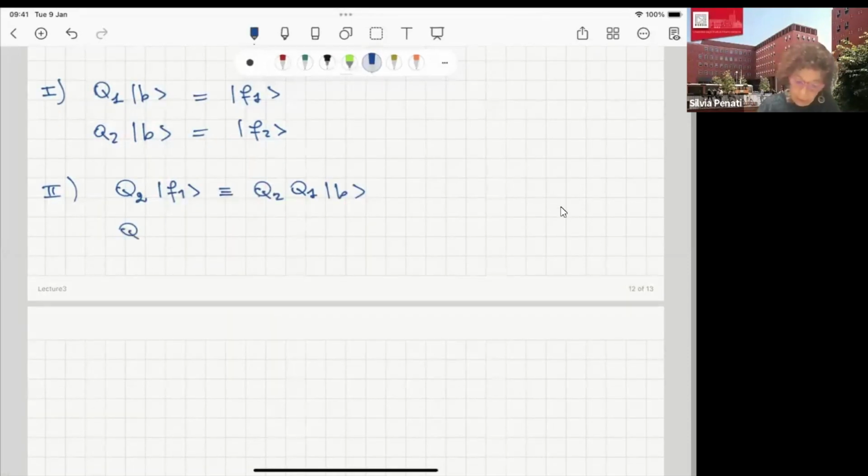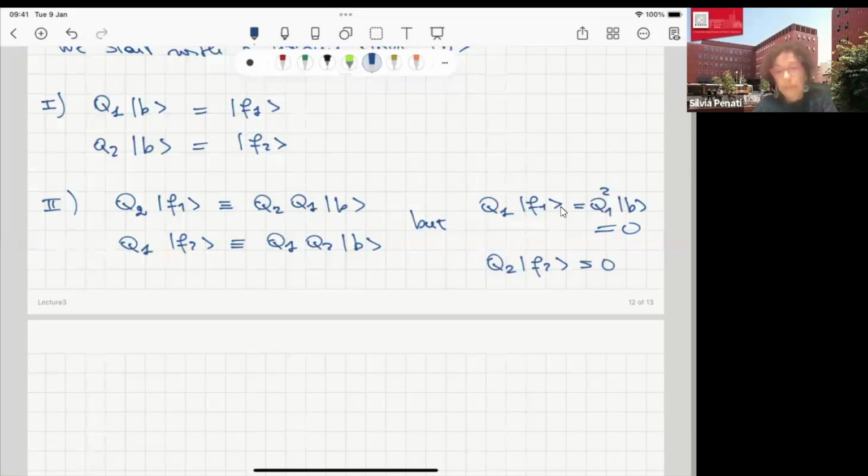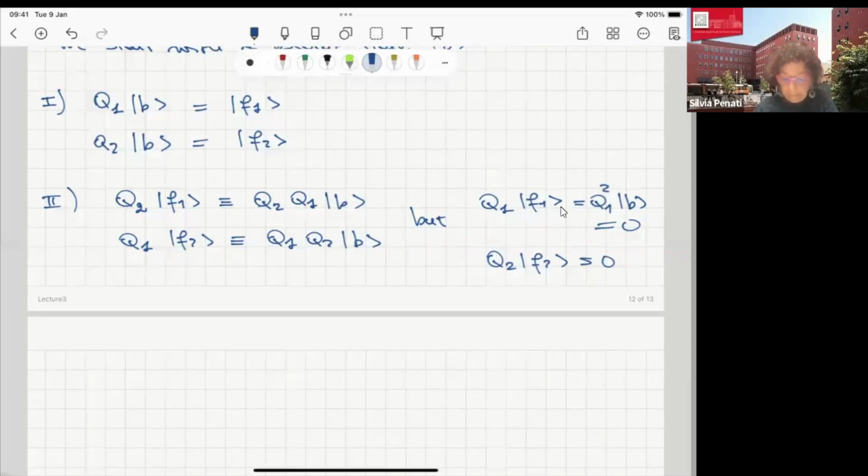I can apply Q1 this time to F2, because this is Q1 Q2 B. Great. But I cannot keep applying the same Q. If I insist on applying Q1 to F1, I will get 0, because this is proportional to Q1 square B, and this is 0, because Q1 square is 0. Remember that QQ is equal to 0. And the same, if I insist on applying Q2 to F2, I will get 0.